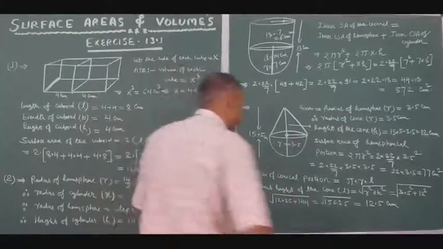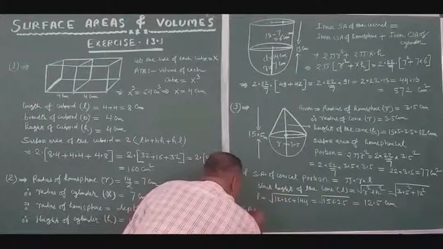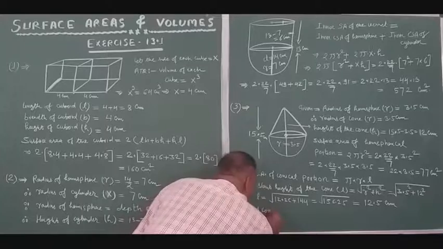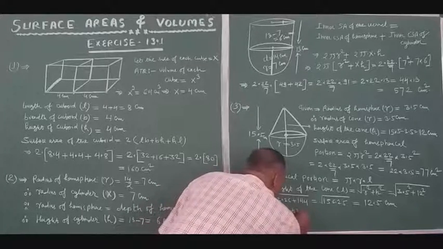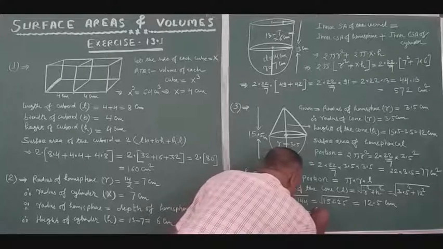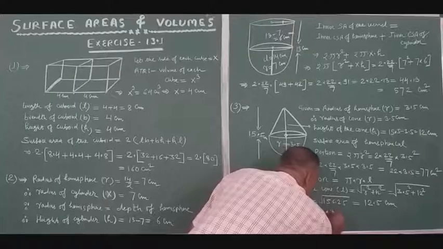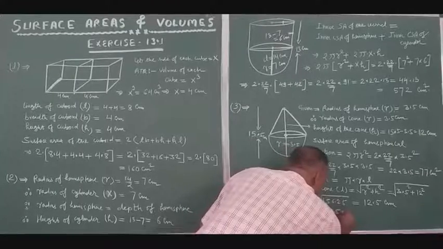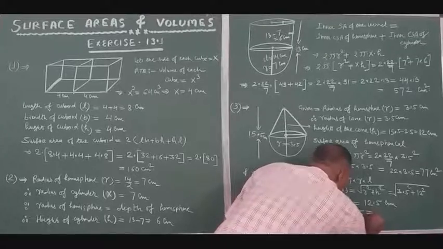Now the surface area of the conical portion is given by πrl. π means 22/7, r is 3.5 and l is 12.5. So what will be there?